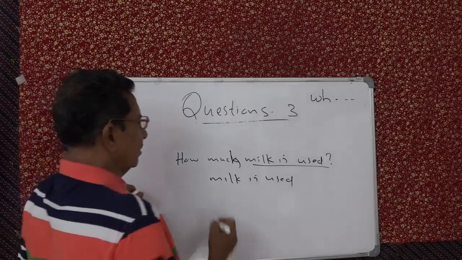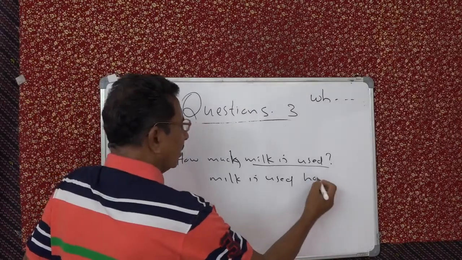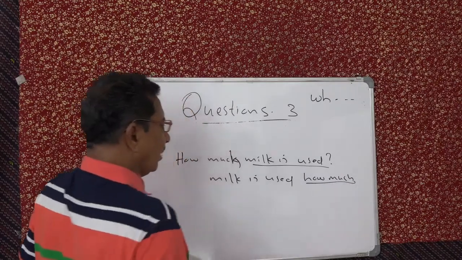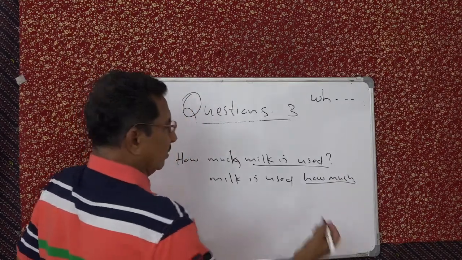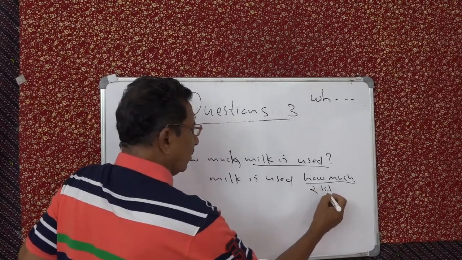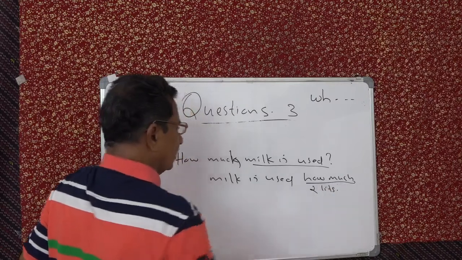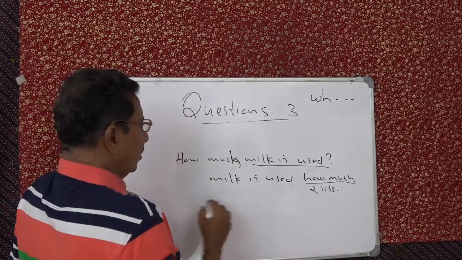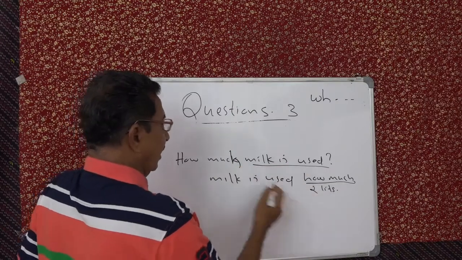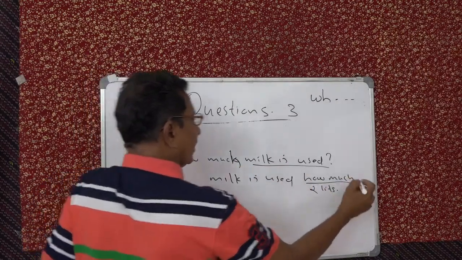Then next you write the question word here, and instead of the question word you write a quantity, for example, 2 liters. So you will say how much milk.